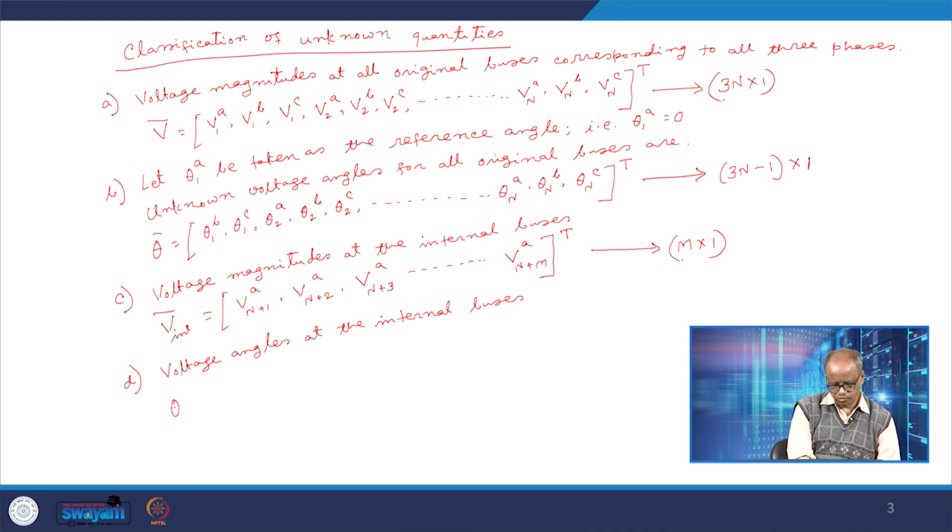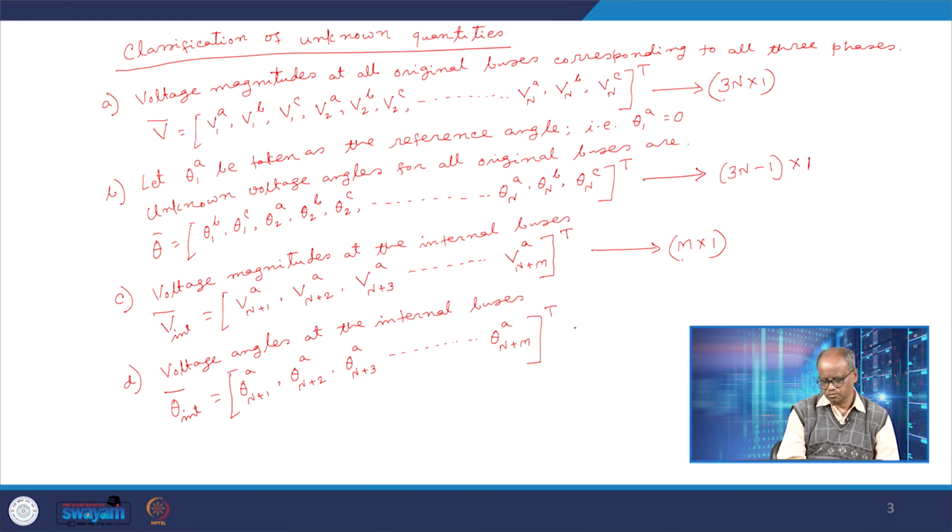So that we denote as theta internal vector, that is theta n plus 1 A, theta n plus 2 A, theta n plus 3 A dot dot dot theta n plus m A transpose, m cross 1.